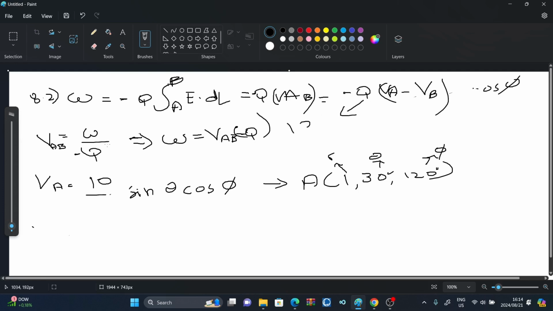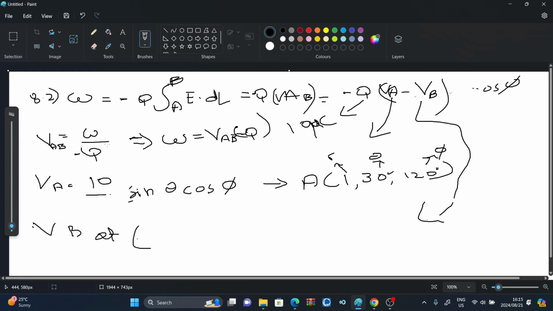Then that's going to be 10 nano coulomb or micro. I mean, this one is micro coulomb. Then your A is given there, and your B will be the same. So your VB at our point B was 4, 90 degrees and 60.